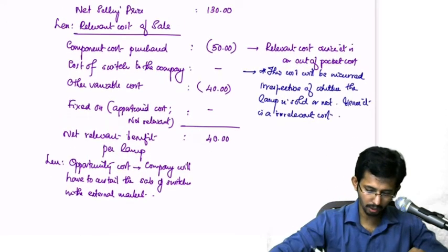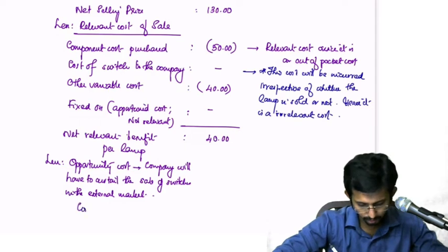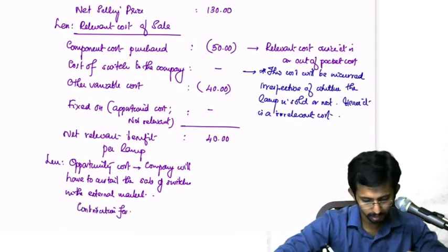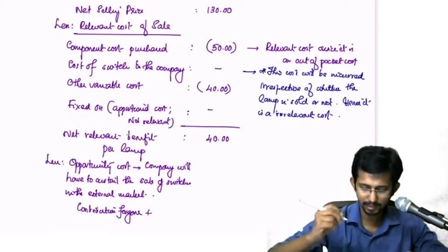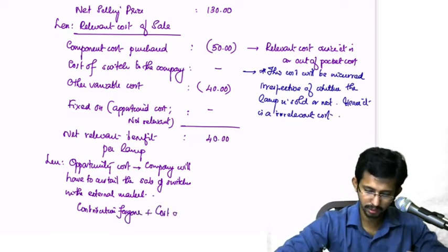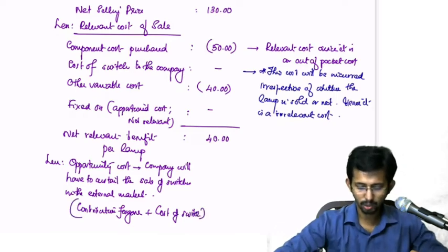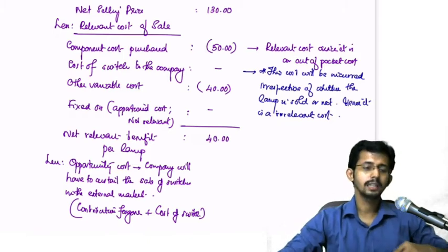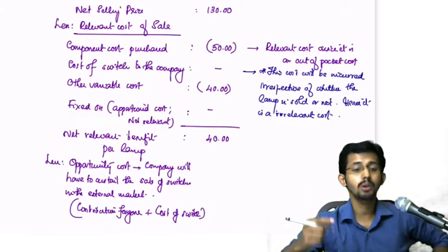So opportunity cost will be contribution foregone plus cost of switch. Why cost of switch? Cost of switch is a relevant cost. So when you compute the contribution foregone, you cannot consider the cost of switch there.